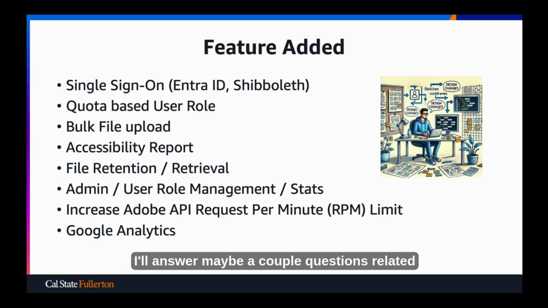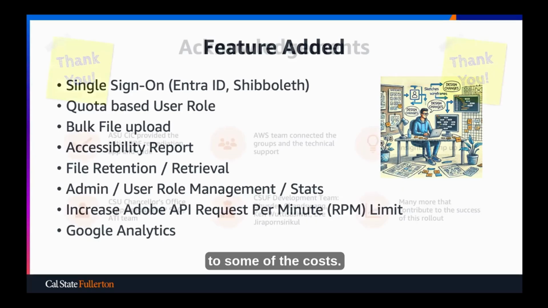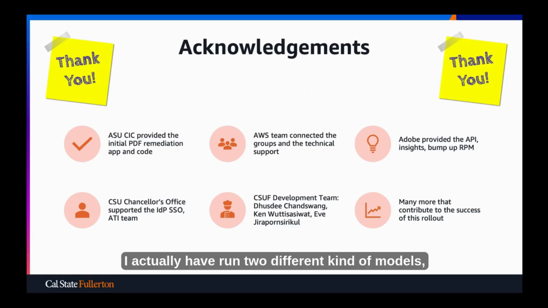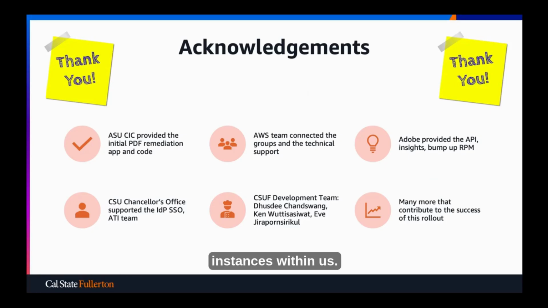I'll answer maybe a couple of questions related to some of the costs. Just overall, from when we first initiated our applications, I actually have run 2 different model instances.